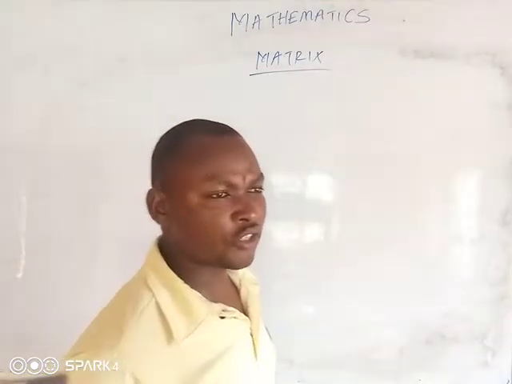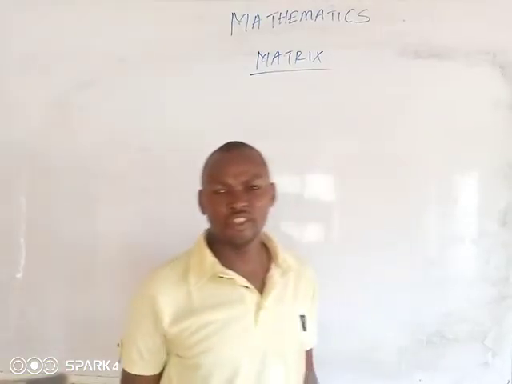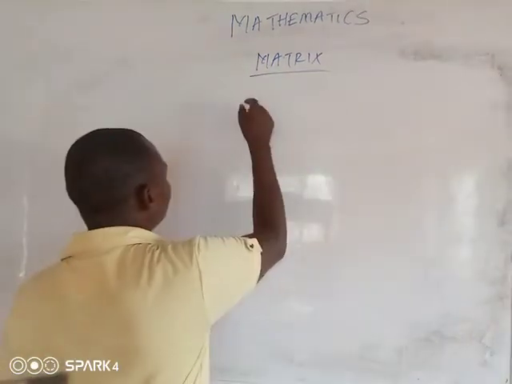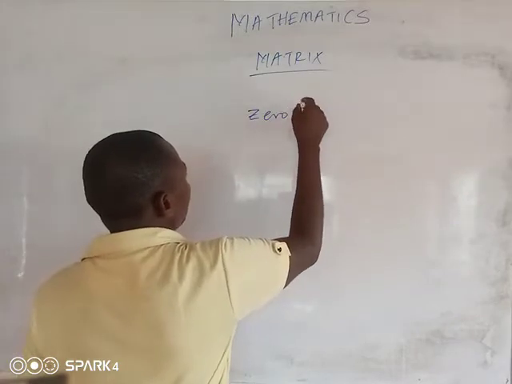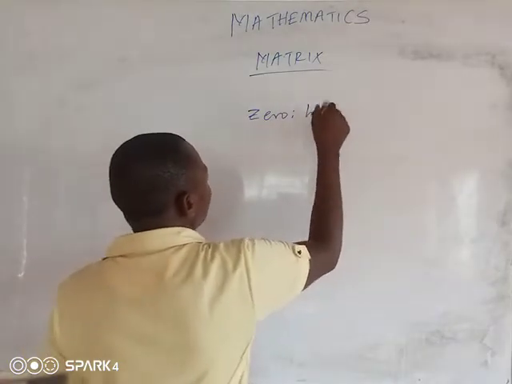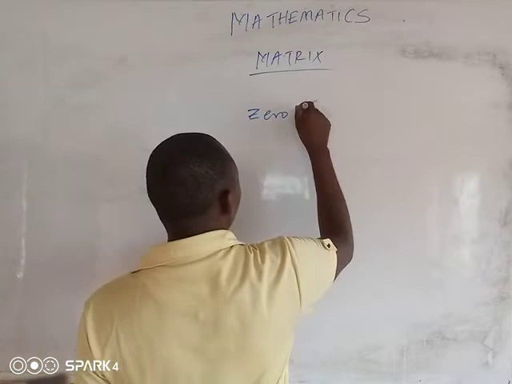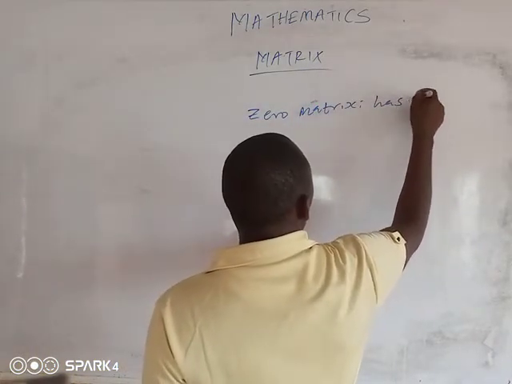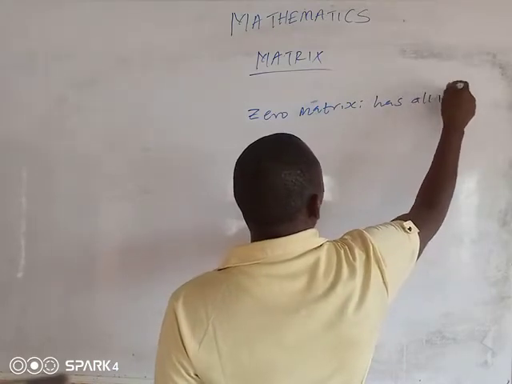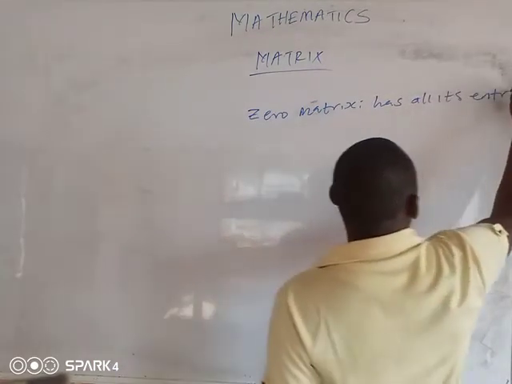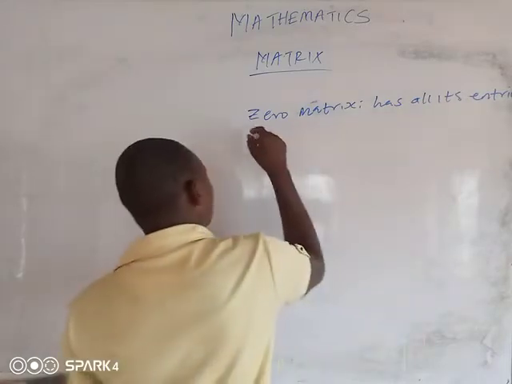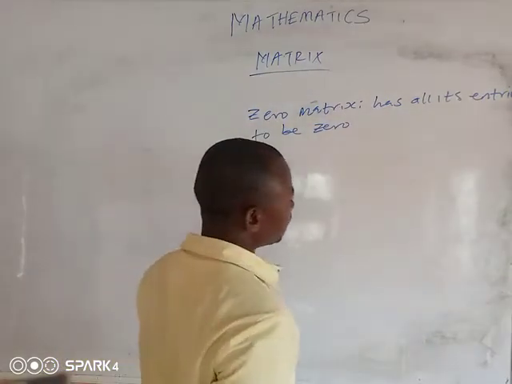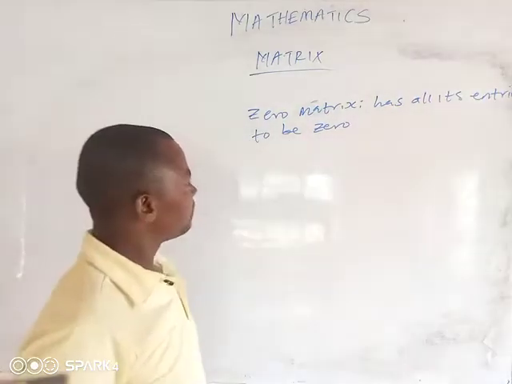A zero matrix has all its entries to be zero.